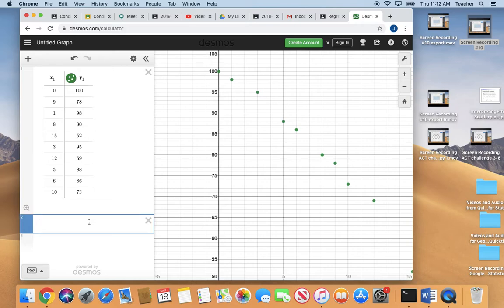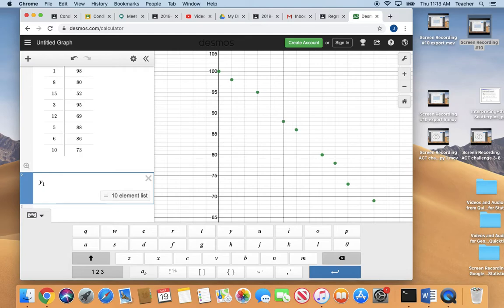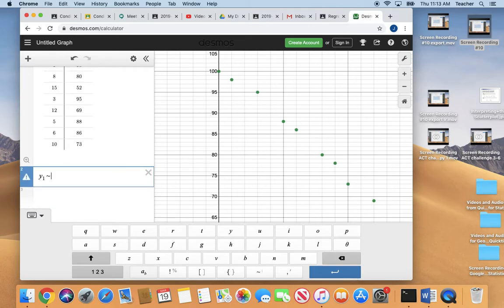To do a linear regression, I would type in my y, and remember, if you don't have a calculator and do it in Desmos, type your y1 and that approximately button that I showed you in the other video. If you need that video, you can go back to it.